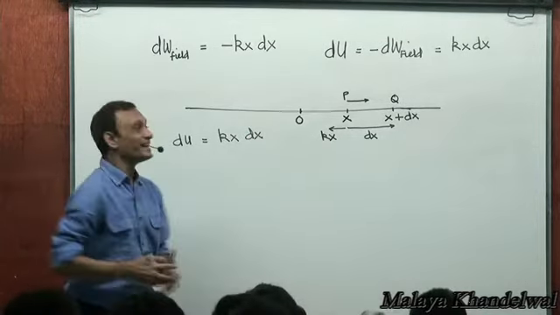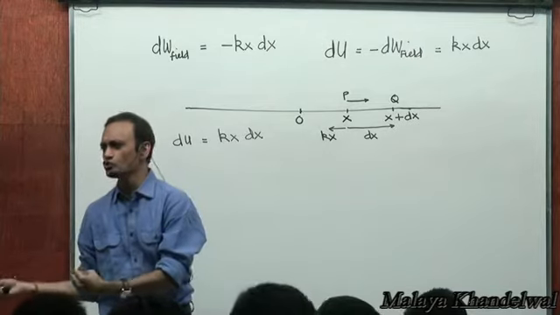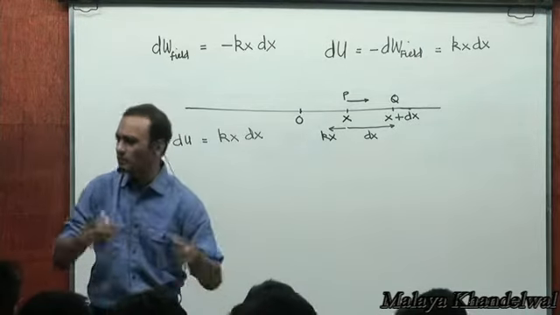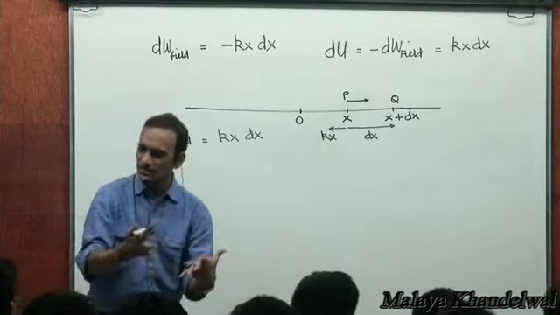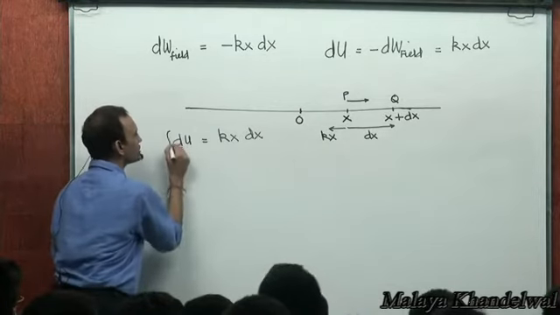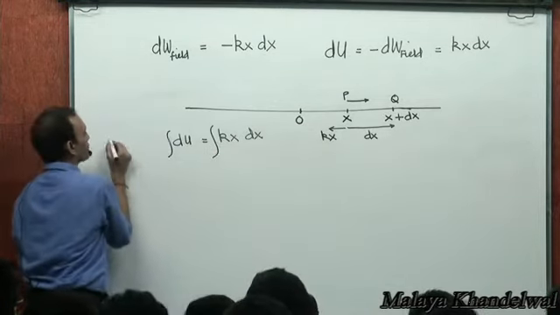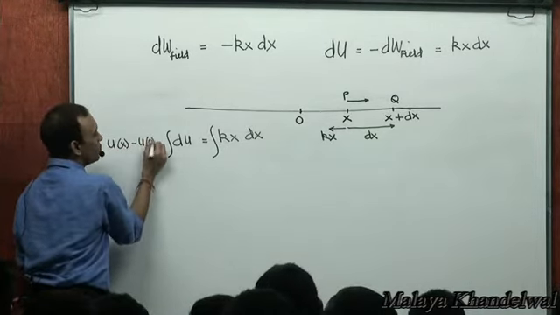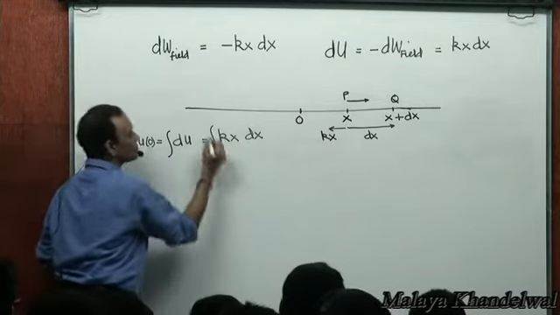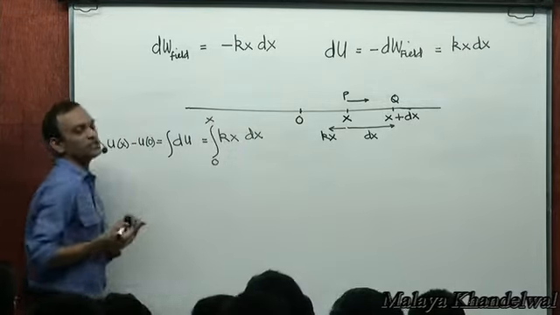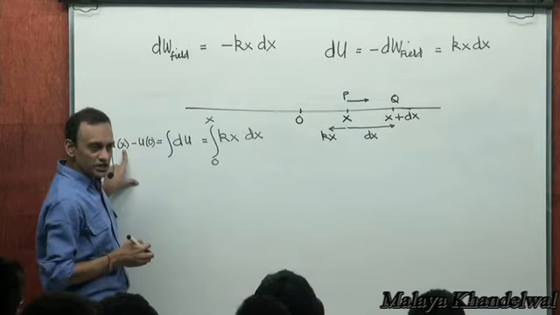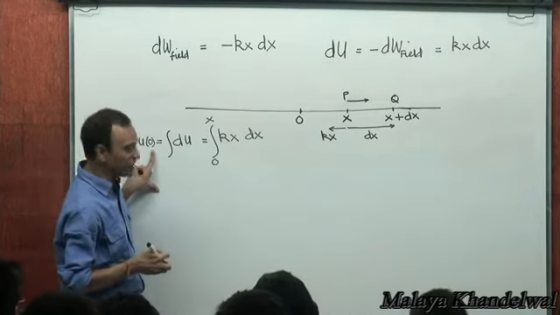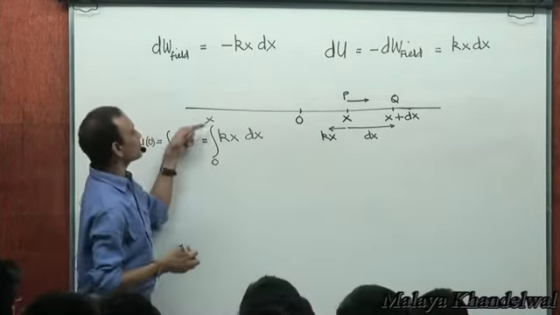In general, when the particle goes from x equal to 0 to x equal to x, the total change in potential energy would be the potential energy at x minus the potential energy at 0, as x runs from 0 to x.